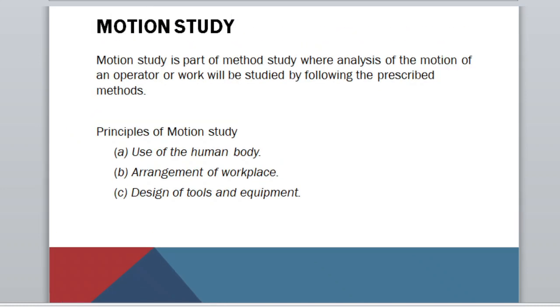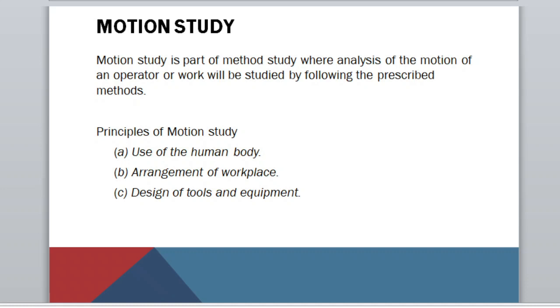So when we say motion study, it is a part of method study where analysis of the motion of an operator or work will be studied by following the prescribed methods. So motion, from the word motion, what is motion? What do you mean by motion? Doing an action, miss.